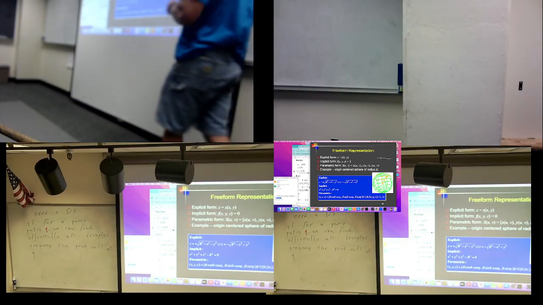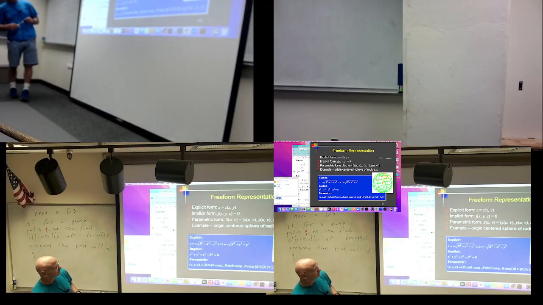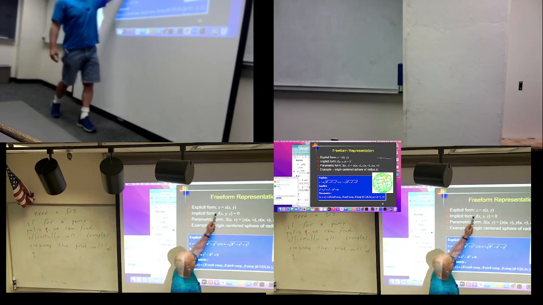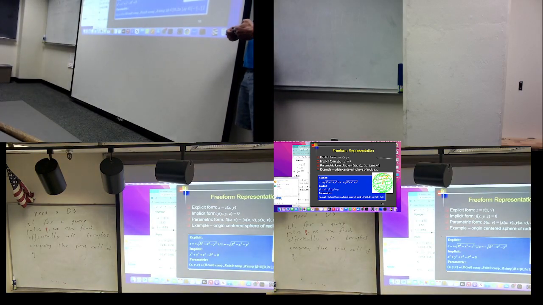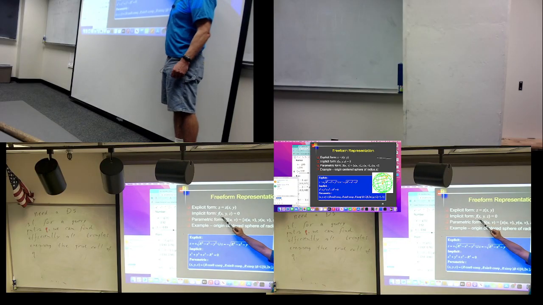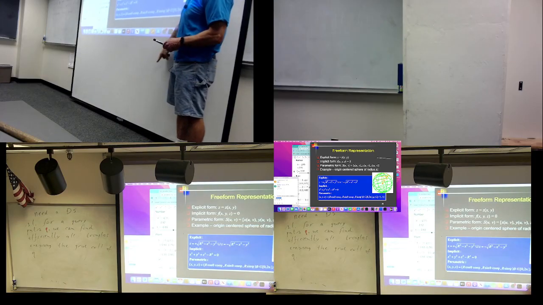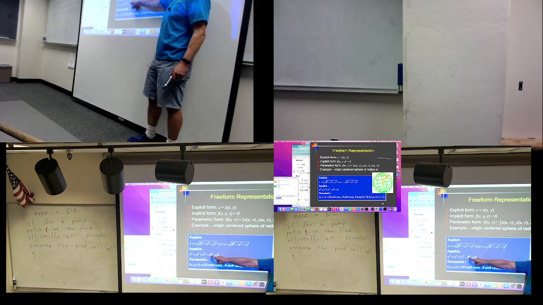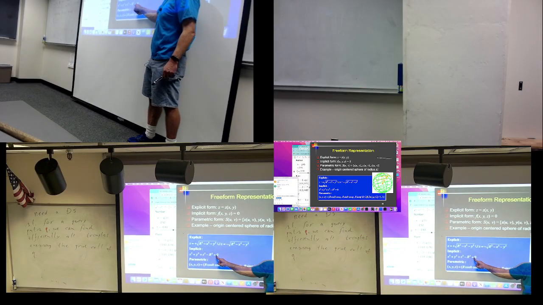What else? We want to talk for a moment about implicit versus explicit representation. So if I have a function z, which is z of x, y, nothing wrong about it. I can specify it also as a function f of x, y, and z equals 0. For example, I can speak about all the points in the space such that x squared plus y squared plus z squared minus r squared equals 0.